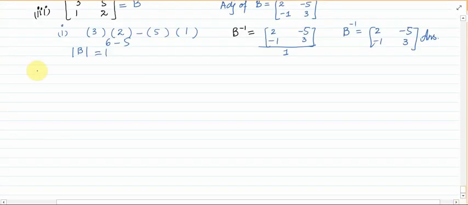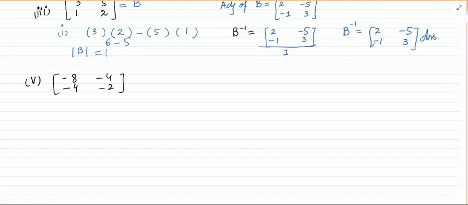After part 3, it's part 5. It says [-8 -4; -4 -2], right? At this step, I need you to stop the video and solve this question by yourself and then see if your answer is right or wrong.